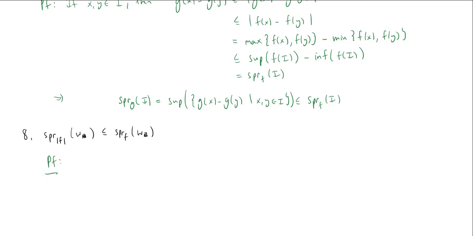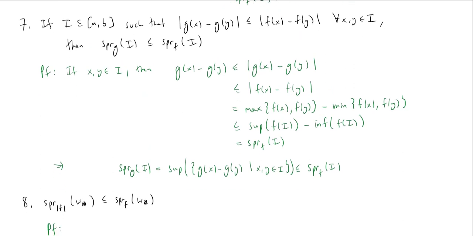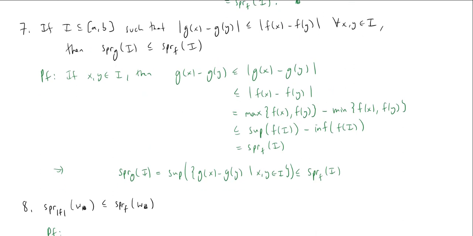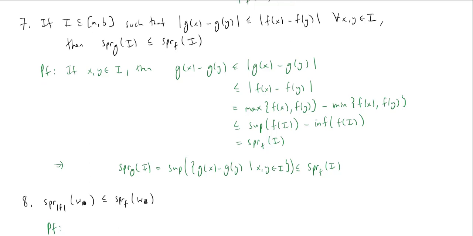All right, well, this really is going to follow again from the previous problem because we know that if I replace the g in the previous problem with the absolute value of f, then let's see what happens.